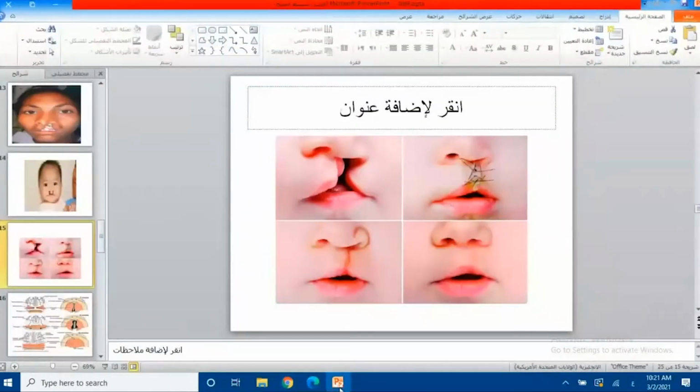Doctor, isolated cleft palate. What did I hear? Repeat. Isolated cleft palate. Isolated, okay. Which kind of the cleft? Not palate.